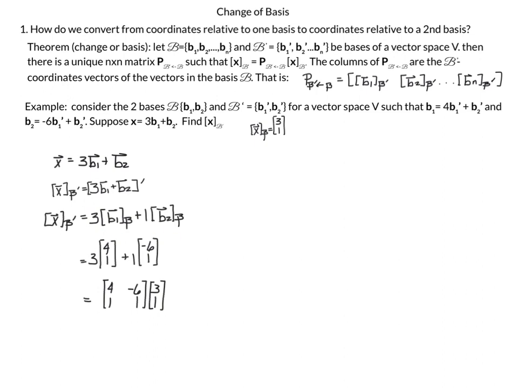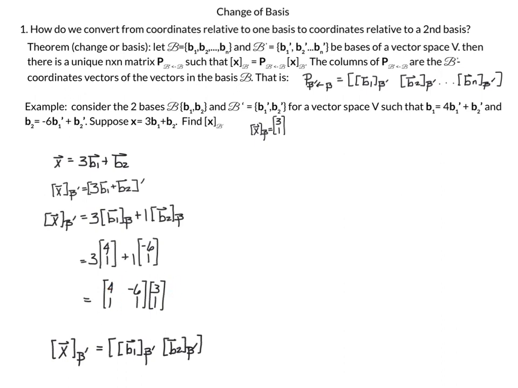Rewriting this as a matrix equation, we have the matrix 4, 1, negative 6, 1 times the vector 3, 1. So this part here is exactly our change of basis matrix from B to B prime. And this matrix is not just for this one vector 3, 1. Now you can plug any vector x into here to change from basis B to B prime.